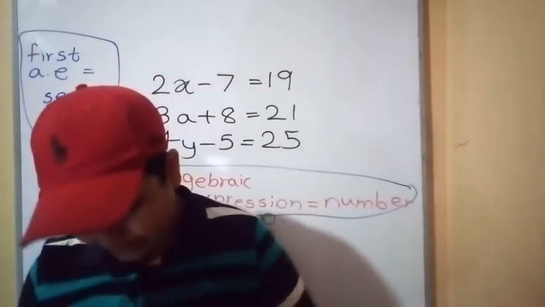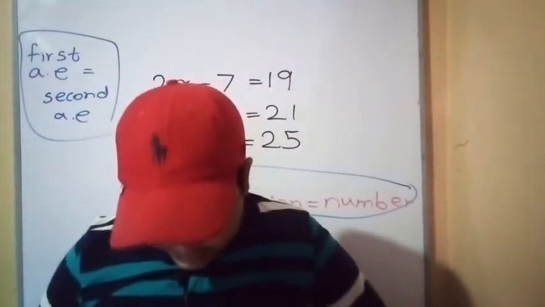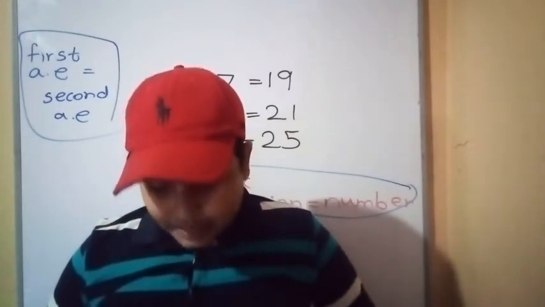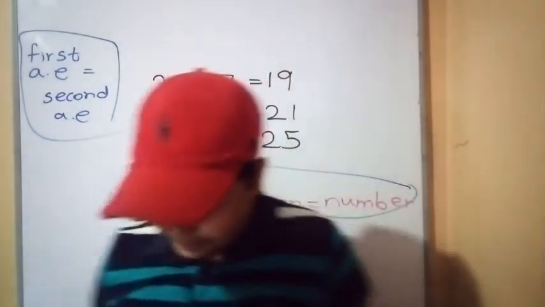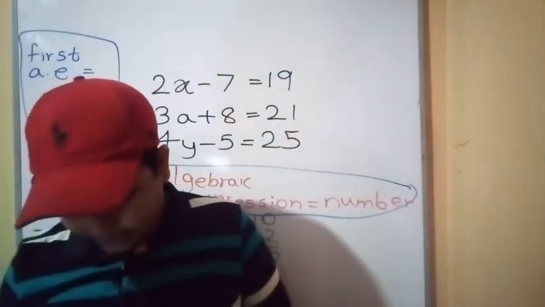Now consider the equations x plus 3 equals 10, 2x subtract 7 equals 18, and 3x equals 9.